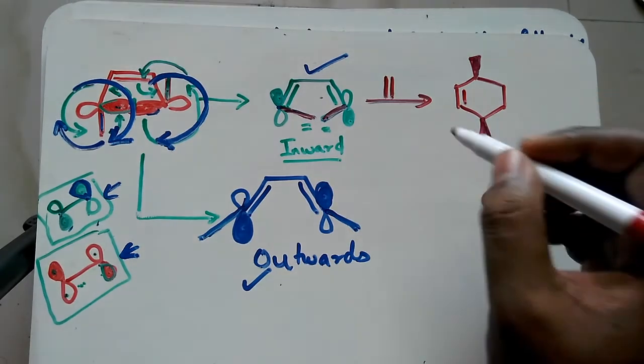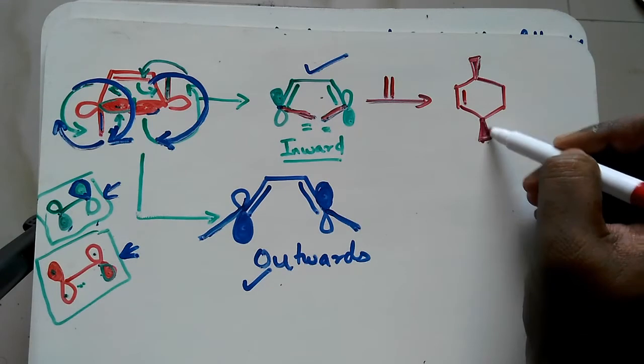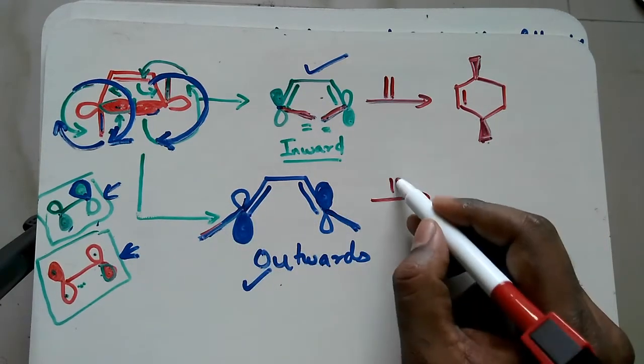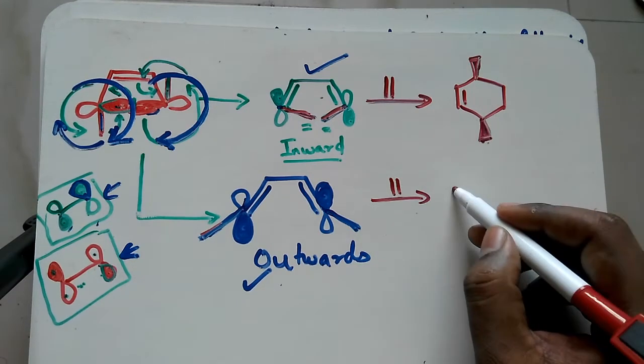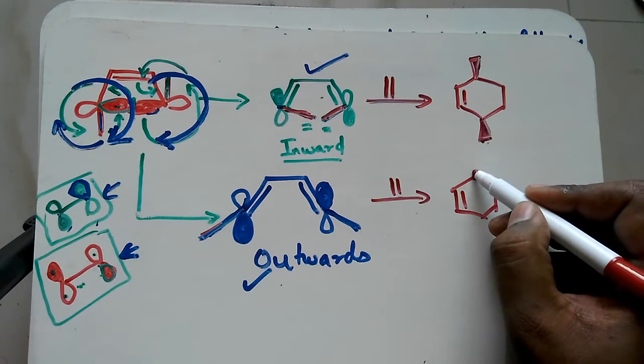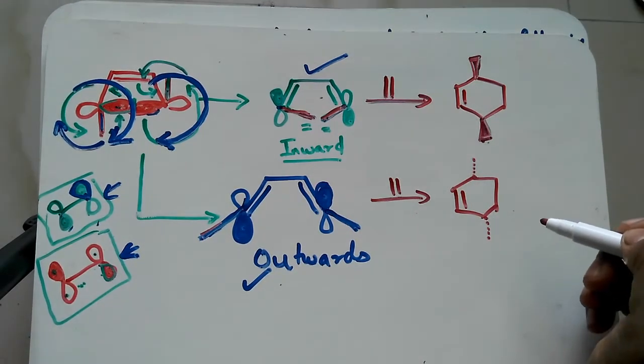Just remember the stereochemistry: the inward groups are always shown above the plane of the paper, and the outward groups, once they react with an alkene, are always shown with dotted lines or below the plane of the paper.